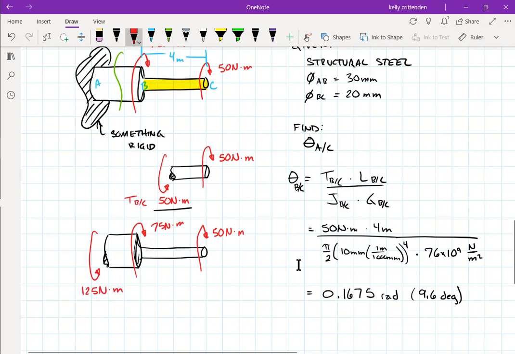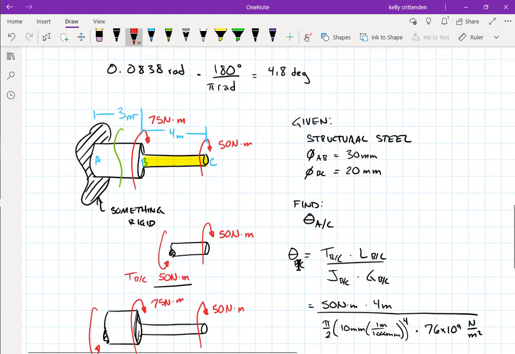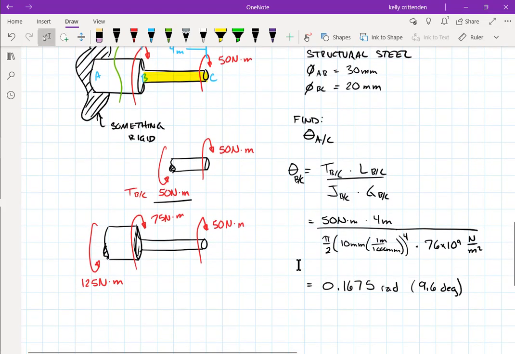So this section is going to have a larger internal torque, but it's also a larger diameter and it's shorter, so it may have less twist on it. But I do see that this internal torque and this internal torque are both going the same direction, so they'll add together.